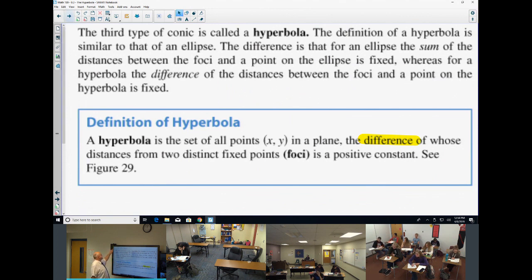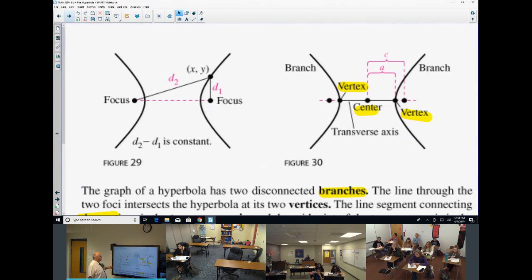Let me show you a picture here. Here we have the two foci. With the ellipse, it's the set of points where the sum of the two distances is constant. With the hyperbola, you take any arbitrary point on the hyperbola and measure the distances to the foci, and it's the difference between these distances that's the same. So that's a little different.